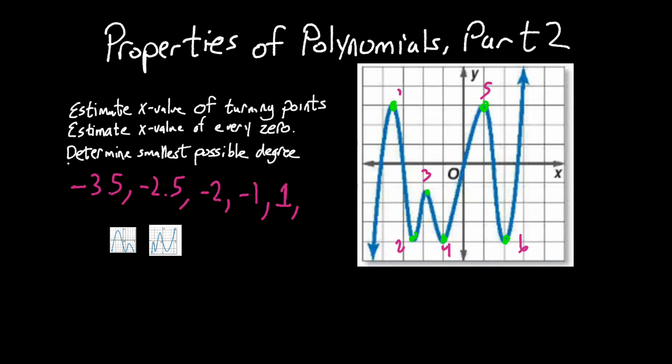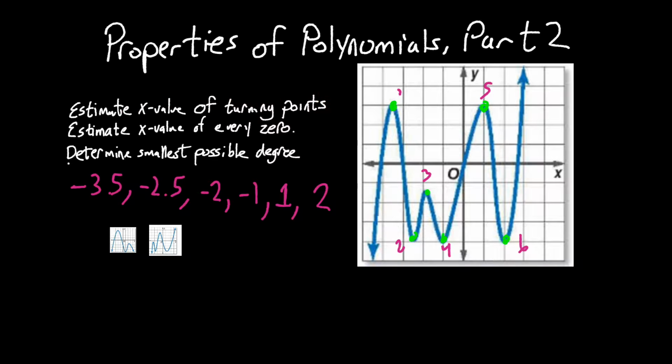So we'll say that this one is positive 2. And there we have our 6 turning points with estimated x values. Now you could have written these as x equals negative 3.5. You could have, but I wouldn't have put them as coordinates because we have no clue what the exact y values are. So x equals negative 3.5, x equals negative 2.5, and so forth would be just fine.